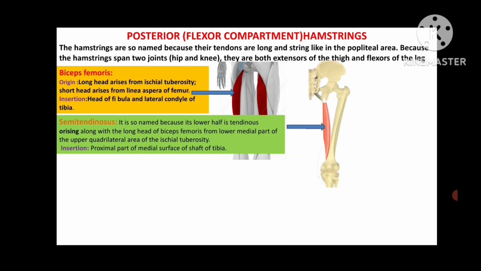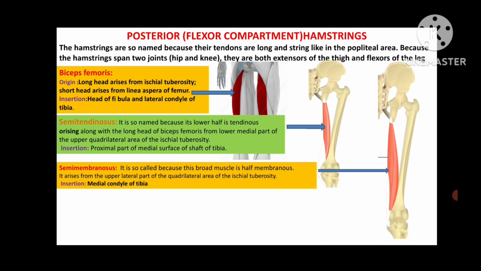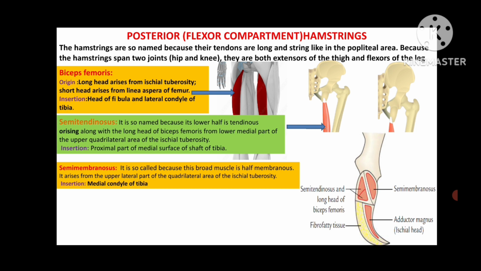So this is the semitendinosus. The other muscle is the semimembranosus because it is a broad muscle and half membranous, arising from the upper lateral quadrant of the ischial tuberosity and inserted to the medial condyle of the tibia. So this muscle is known as the semimembranosus.